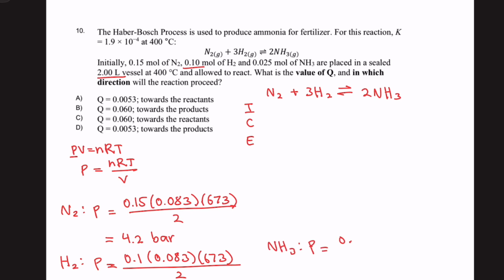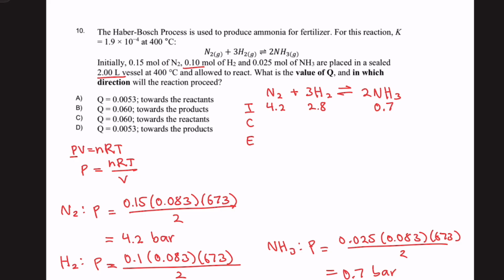We have 0.025 moles. And we will get 0.7 bars. So now we can fill in our ICE table. So this is 4.2, 2.8, and 0.7.